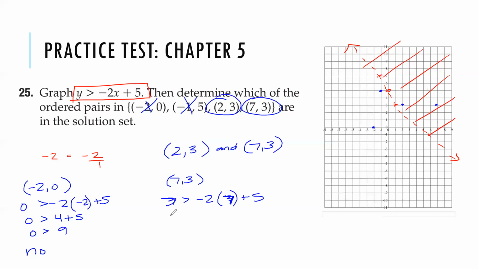Okay, so this is 3 is greater than, and then we have negative 2 times 7 is negative 14 plus 5. So negative 14 plus 5 is negative 9. Is 3 greater than negative 9? Why, yes, it is. Okay. So that would be a solution to this inequality.